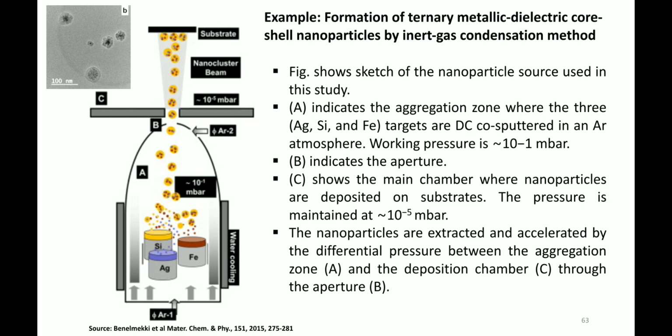And as I said, the nanoparticles are extracted and accelerated by this pressure gradient between the aggregation zone A and the deposition chamber C through the aperture B. So this is how they have beautifully used the role of pressure to collect these nanoparticles more efficiently. Okay, so this is their system by which they are able to prepare the ternary metal dielectric core shell nanoparticles.